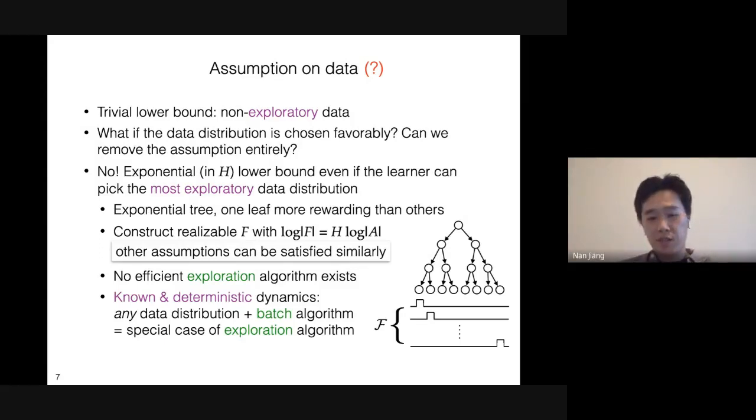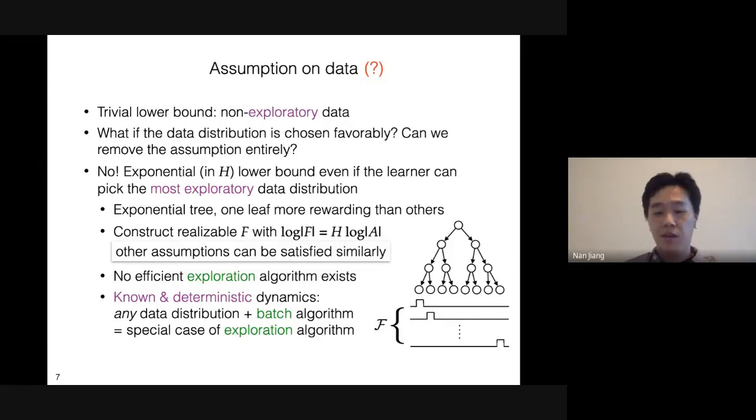One key realization here is that in this construction, all the problems in this family share exactly the same transition dynamics, and the transition dynamics are also deterministic. This means that if you have any data distribution in mind that you think is exploratory enough, and you want to apply a batch algorithm on it, their combination is just going to be a special case of an exploration algorithm.